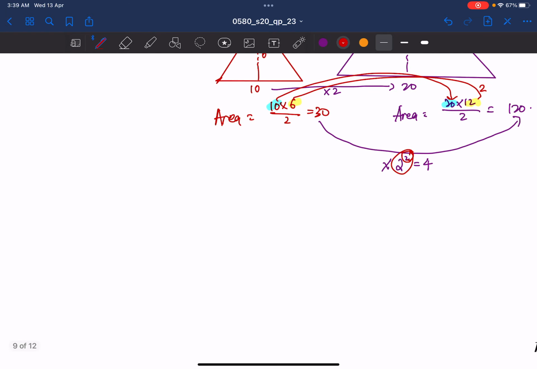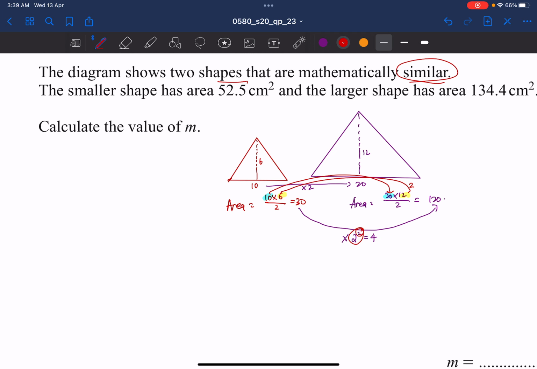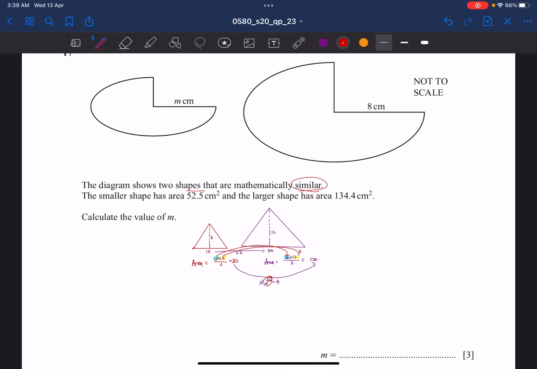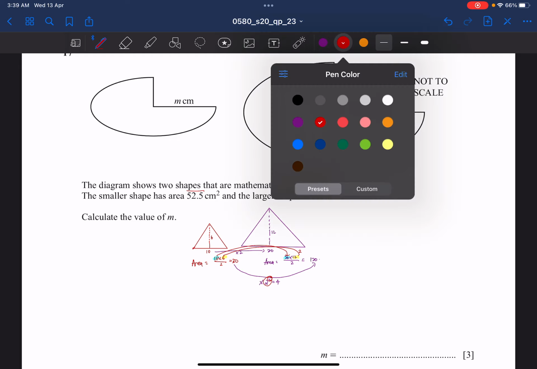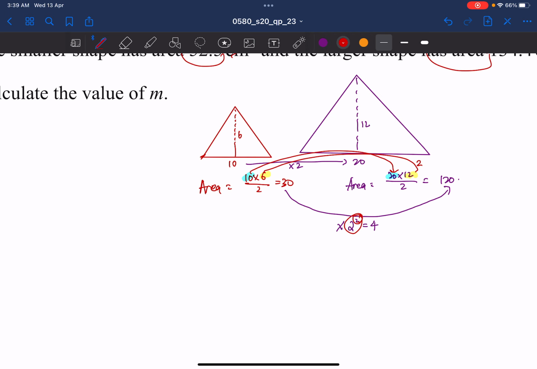All right, so let's find out the ratio between the areas. Let's say we have a shape.